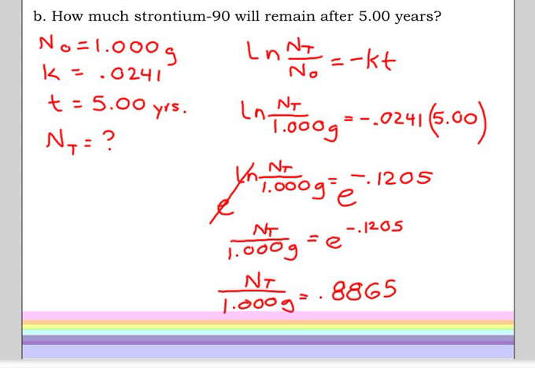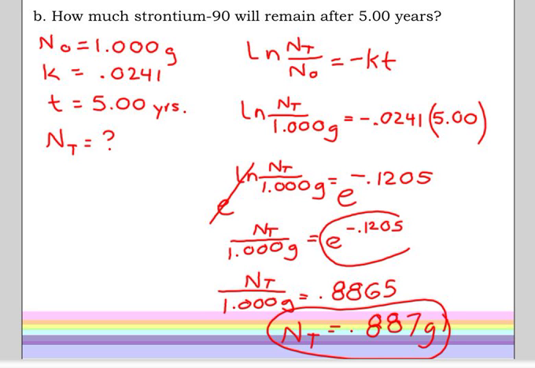Then we want to solve for this n sub t, so we multiply both sides by 1, and we get 0.887 grams. The tricky thing is you have to be able to put this in your calculator, and you have to see when it's appropriate to use. When we can't just put that natural log in and get an answer, we're going to have to use e. If we don't need to use e, we're not going to.